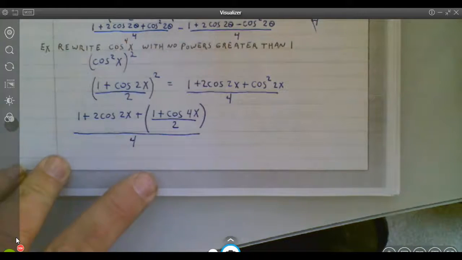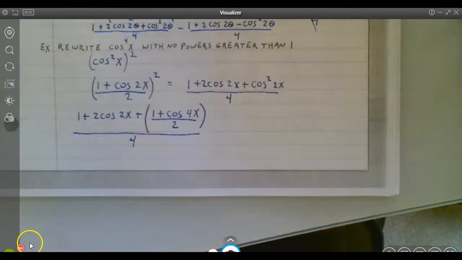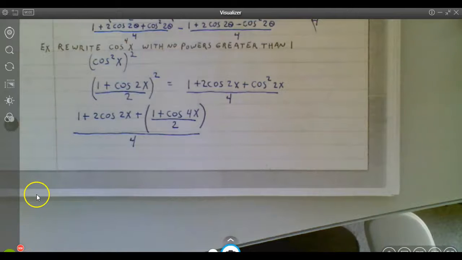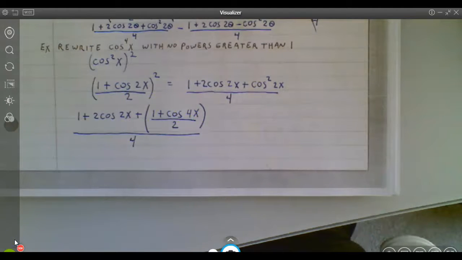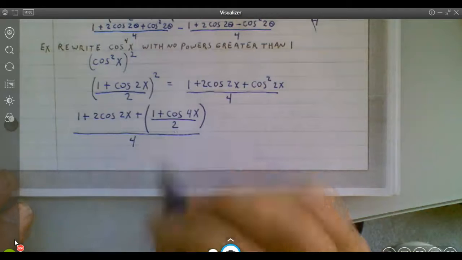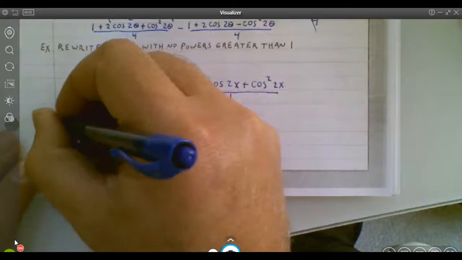So we're almost there. I now have an expression where I no longer have exponents greater than 1. I just don't want to leave this as a complex fraction. So I'm going to multiply this by 2 over 2.